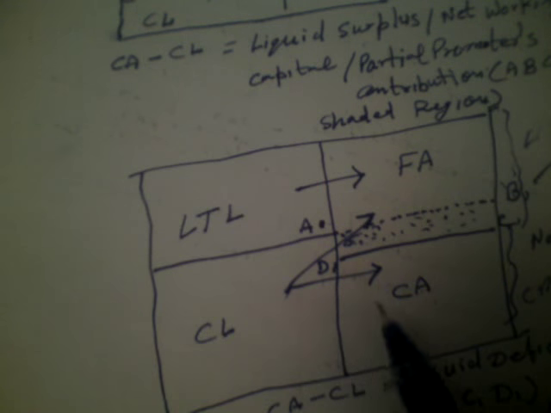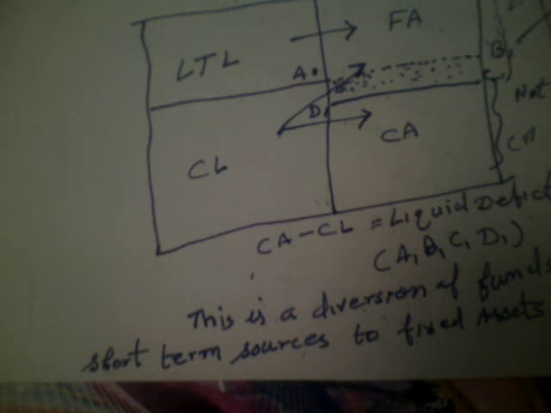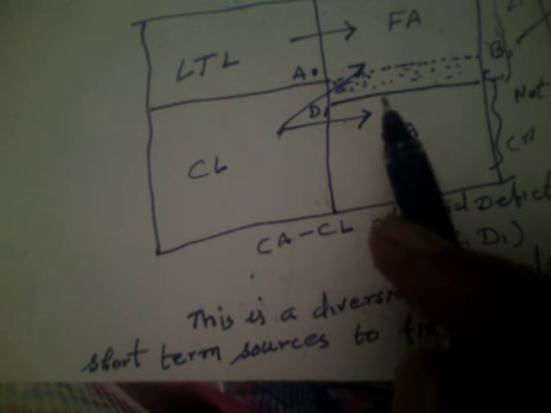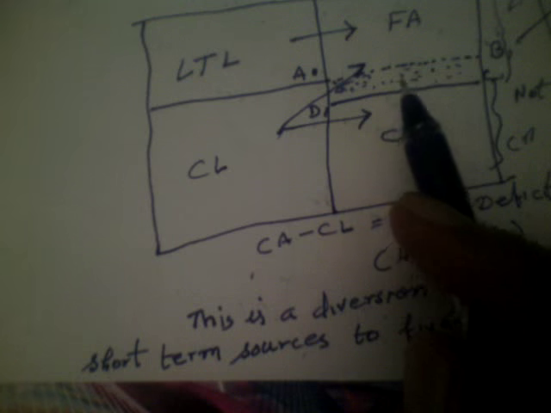And the business is going to suffer. So this is not as per the financial discipline required by any business entity. This is the main reason. So this is known as diversion of funds from short-term sources to long-term applications, that is, to acquire the fixed assets.